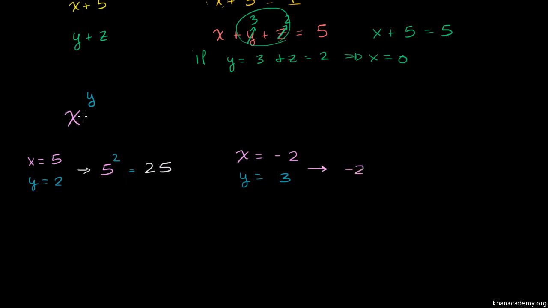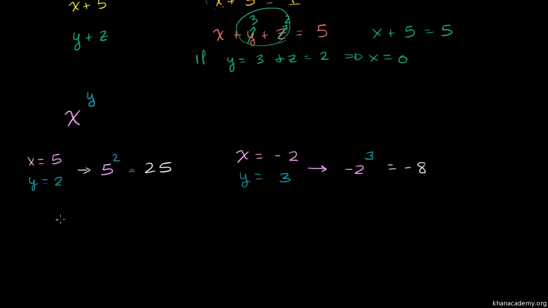That's what we're going to substitute for x in this context. And y is now 3: negative 2 to the third power, which is negative 2 times negative 2 times negative 2. Negative 2 times negative 2 is positive 4, times negative 2 again is equal to negative 8. So you see, depending on the values of these variables, the expression changes.